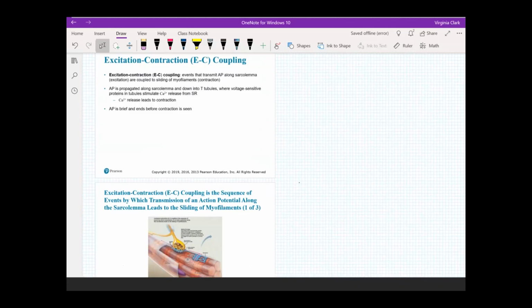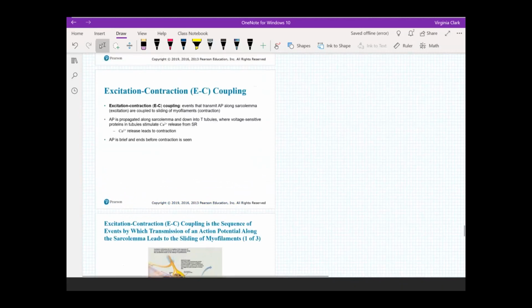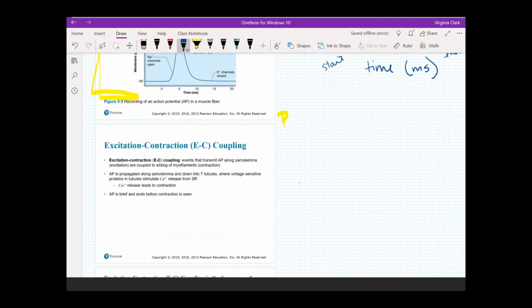So the next two processes are going to be involved with making our sarcomere contract. So this was our phase two, but this is going to be part A. Excitation, contraction, coupling.